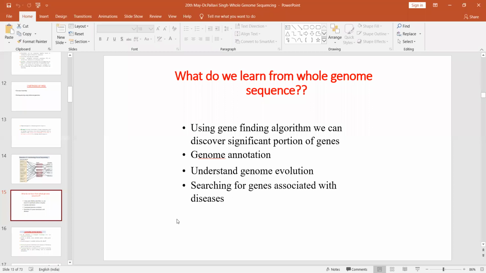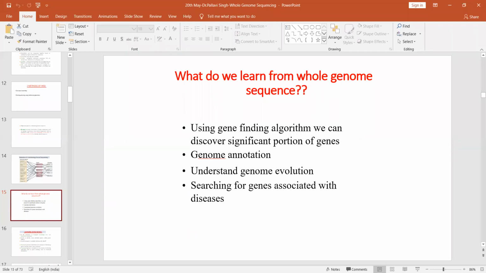So when you sequence the whole genome, you will be able to find out what the genes are, where the gene location is, what the sequence of the gene is, what the sequence of non-coding DNA is, what portion of the DNA is making up the junk DNA, and what portion of the DNA is coming under the introns. Because you know that it is only the exons which encode for the genes, which are the functional regions of the genome.